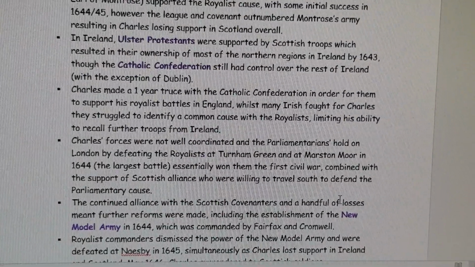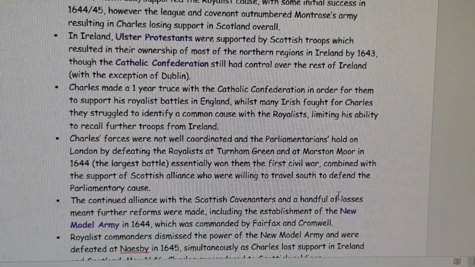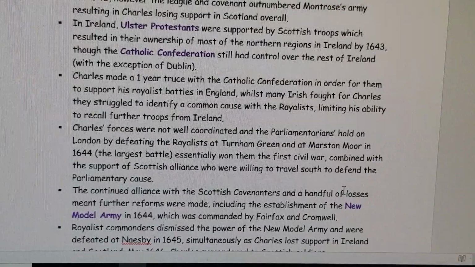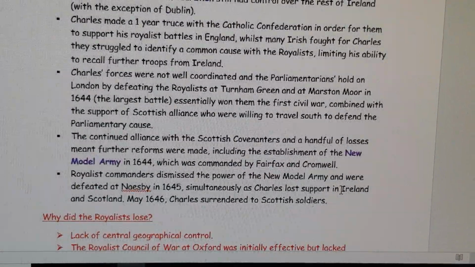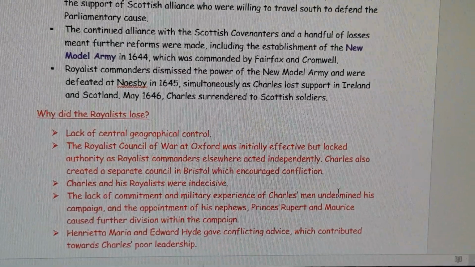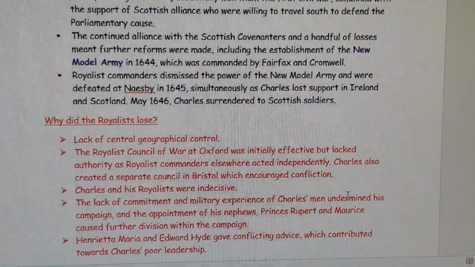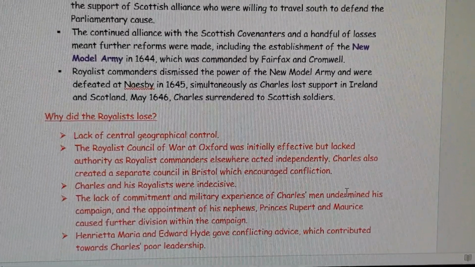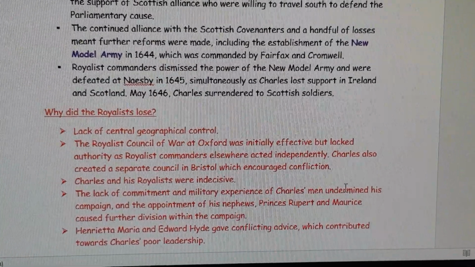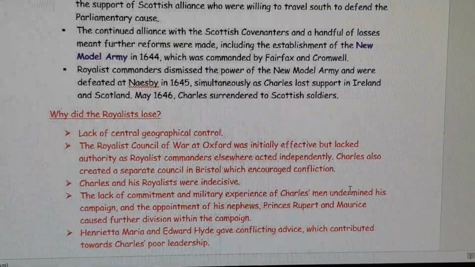So the continued alliance with the Scottish Covenanters and a handful of losses meant further reforms were made, and as a result in 1644 the New Model Army was formed, which was commanded by Fairfax and Oliver Cromwell. Royalist commanders dismissed the power of the New Model Army initially and were defeated at Naseby in 1645.